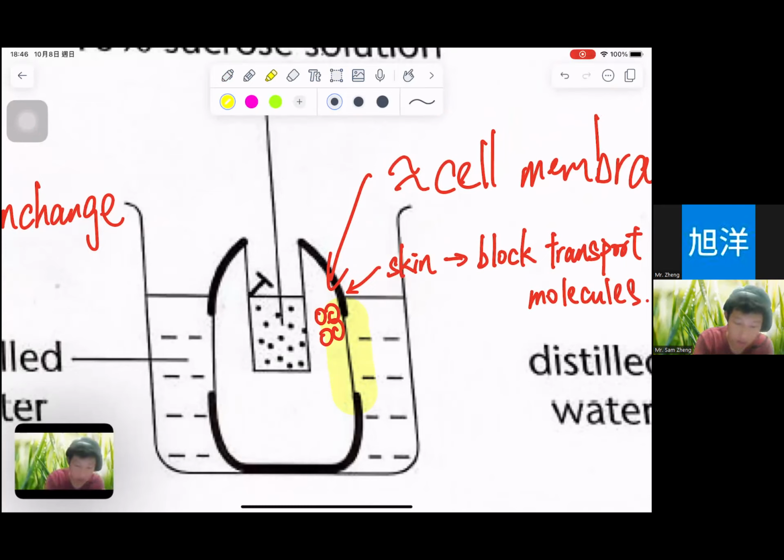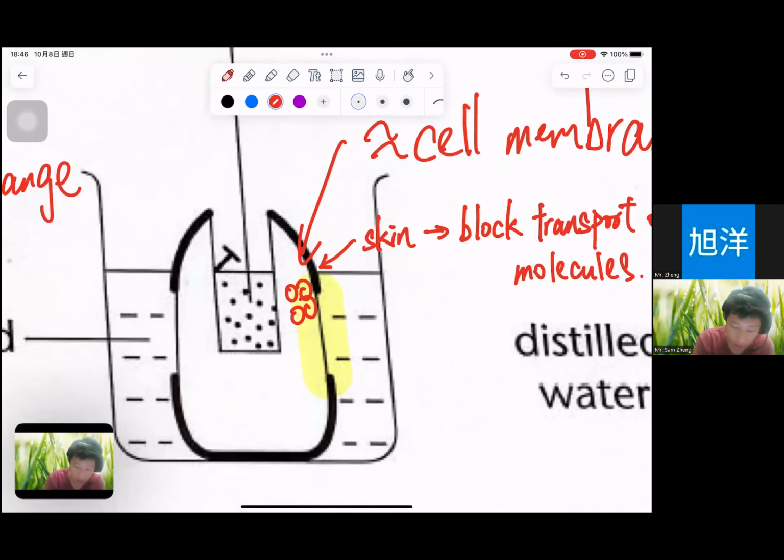So in this case, there will be a comparison of the water potential of the potato cell and the water outside. We notice that the water outside, surrounding the potato, has a higher water potential than the potato cell.